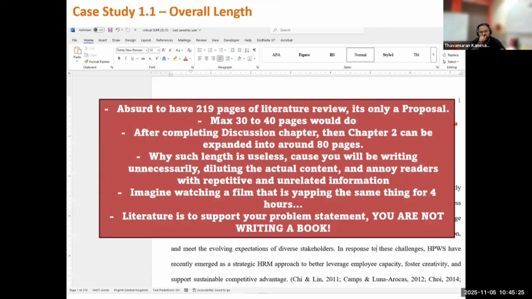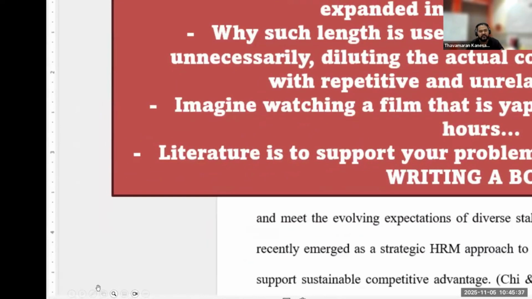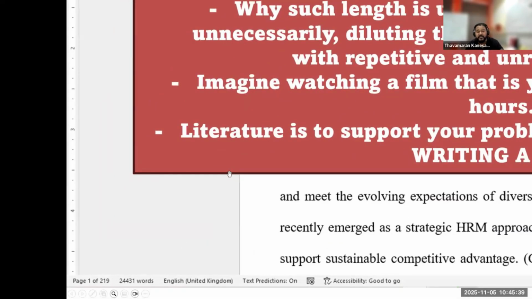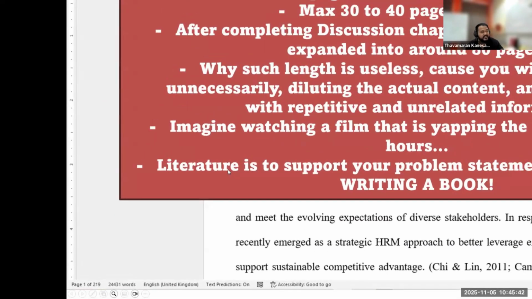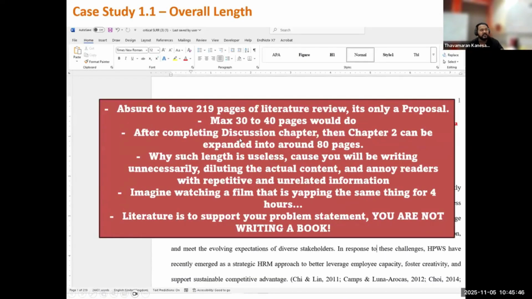Now, first and foremost, the entire chapter 2 was 219, not 212, 219 pages. Chapter 2 alone. Chapter 2 having 219 pages for proposal level, you would be rewriting and rewriting and including information that is completely useless, that you don't even require, because chapter 2 is very simple.